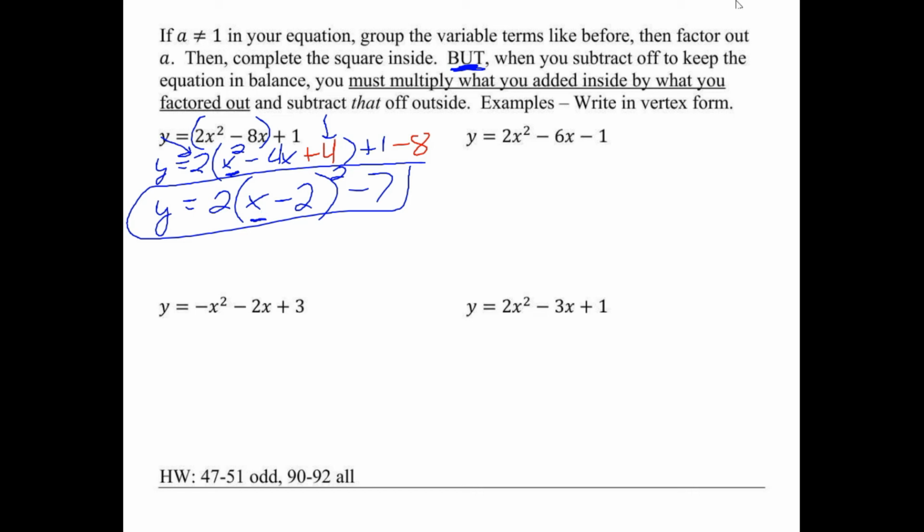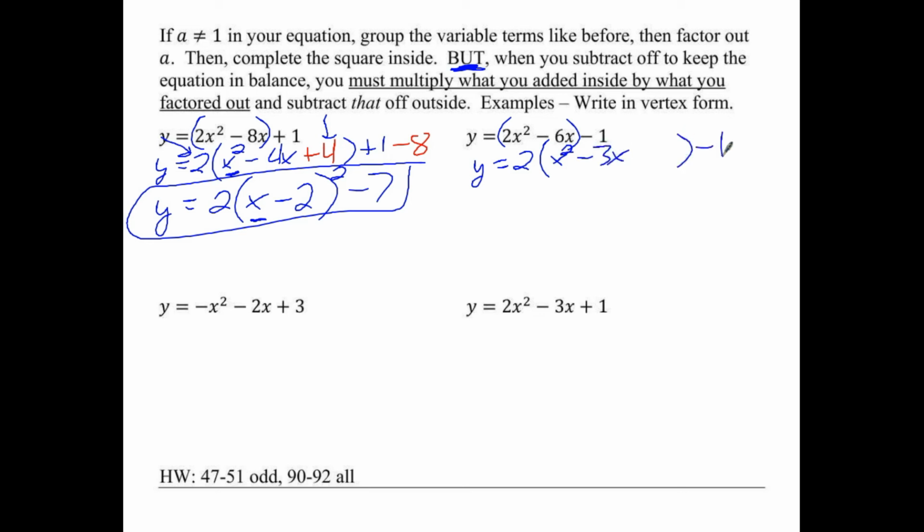So the second one, what are we going to do? Like I said, these get progressively tougher as we go. So group the x terms, and then we have to pull that 2 out. So y equals 2 times, minus 3x. Leave your space.